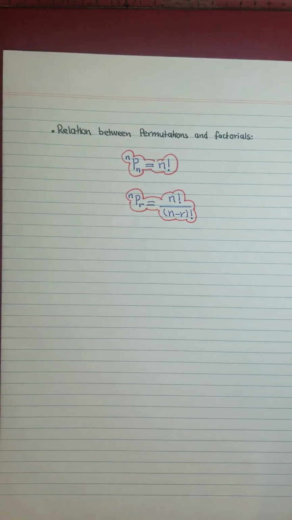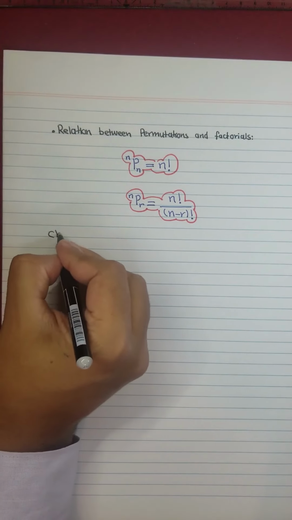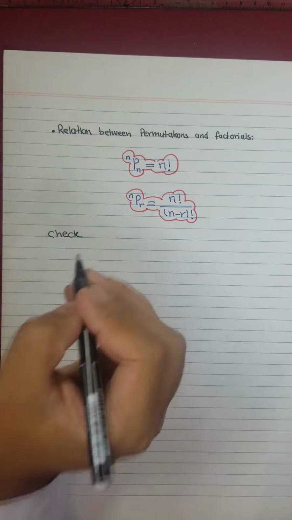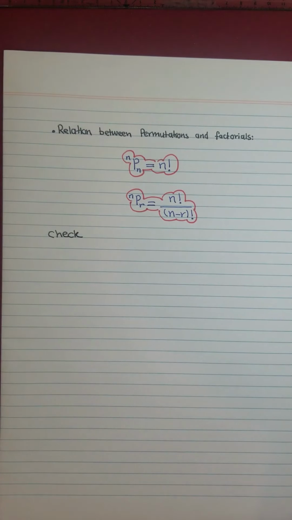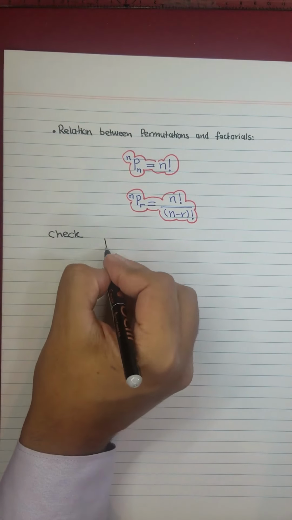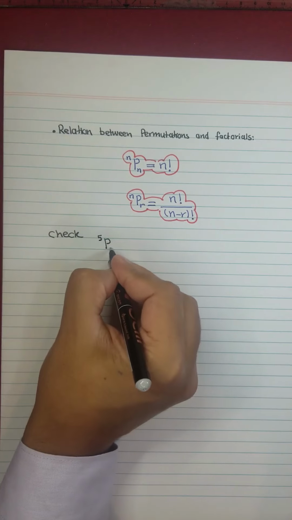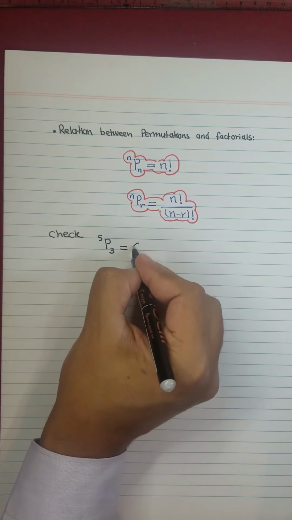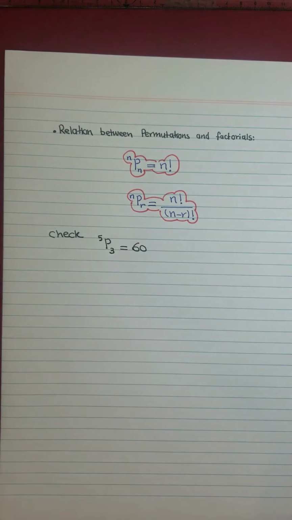Let's make sure of this. Let's check this formula. And how do we check it? We'll check it with the previous example. Remember, in the previous example, I had permutation 5, 3, and the answer turned out to be 60, right?